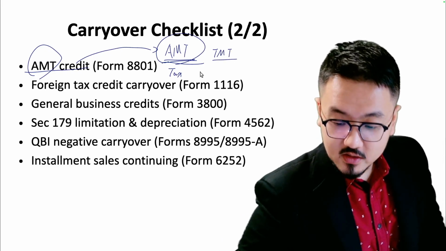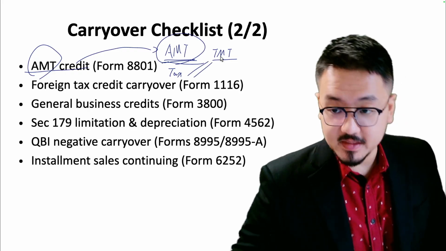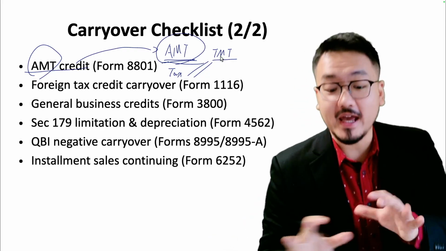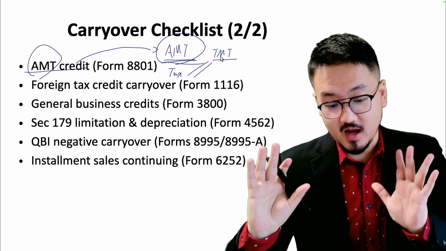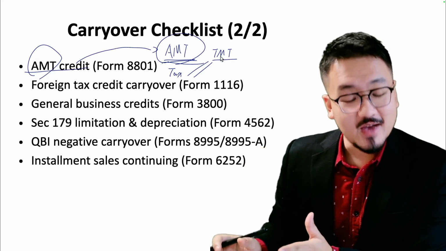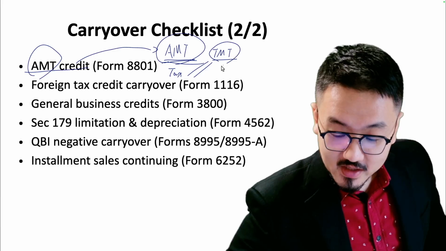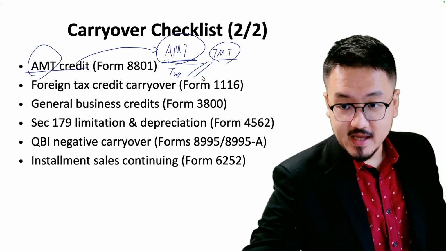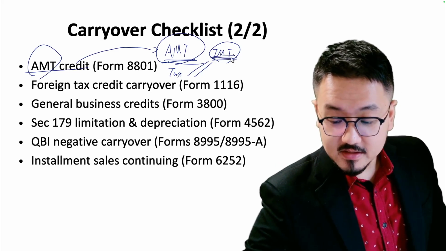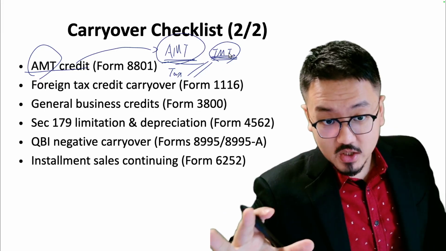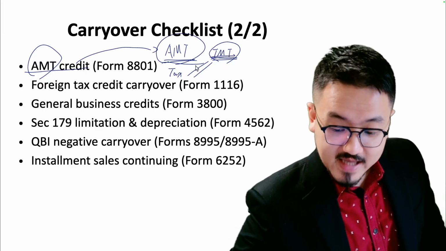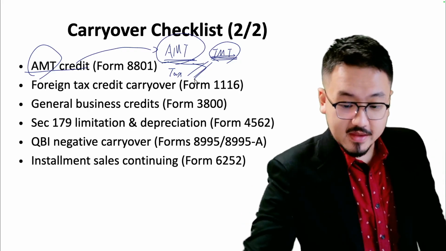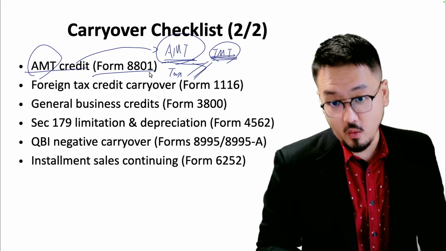You compare your regular tax with the TMT, because TMT is like a what-if scenario: what if I'm classified as AMT? You calculate that number and compare the two. If your regular tax is bigger than the TMT, there is a form called 8801.